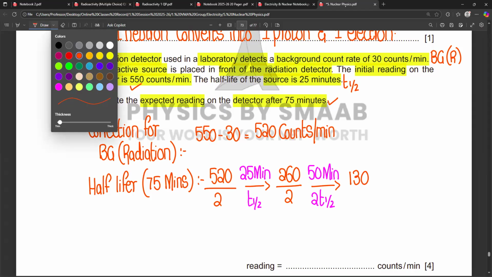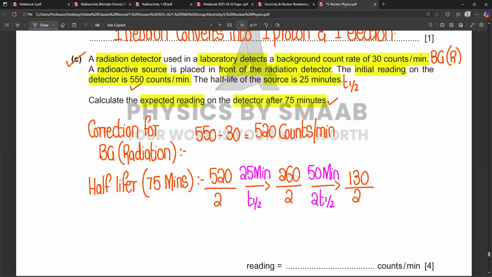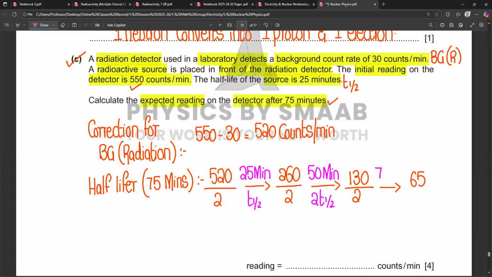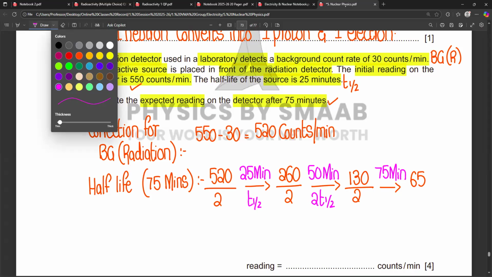And the last gives you 65. So this is the value after 75 minutes. And this is the value for the radioactive element, correct?